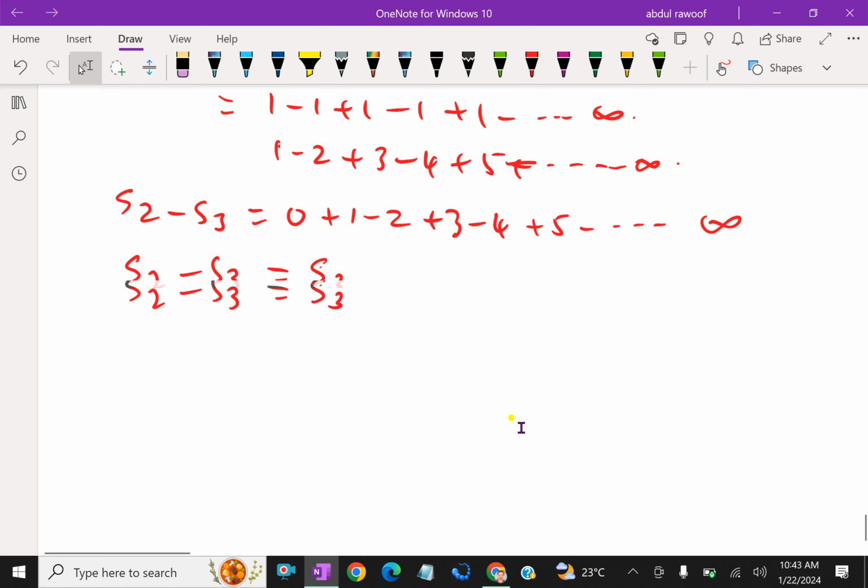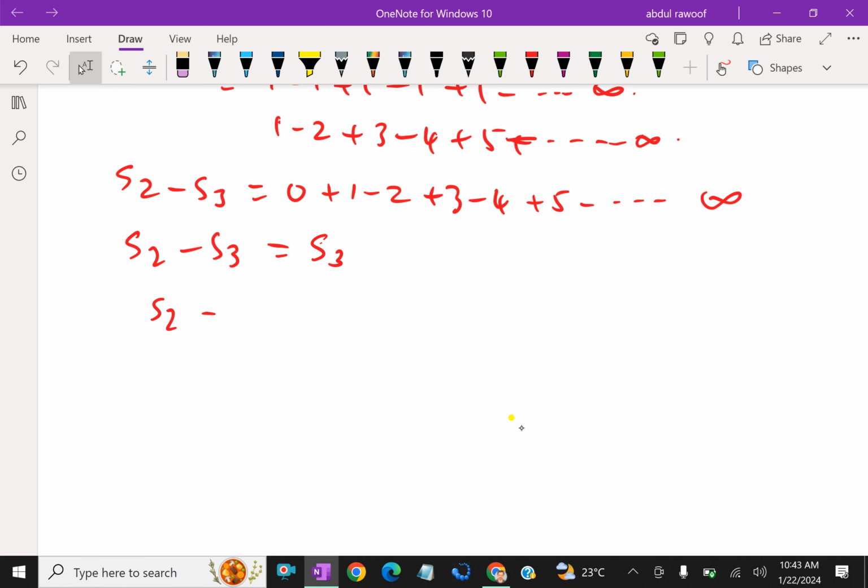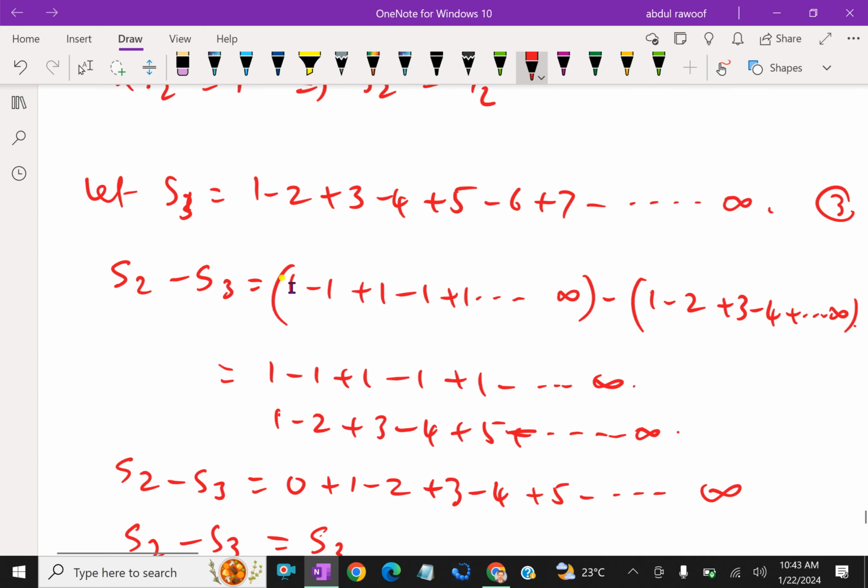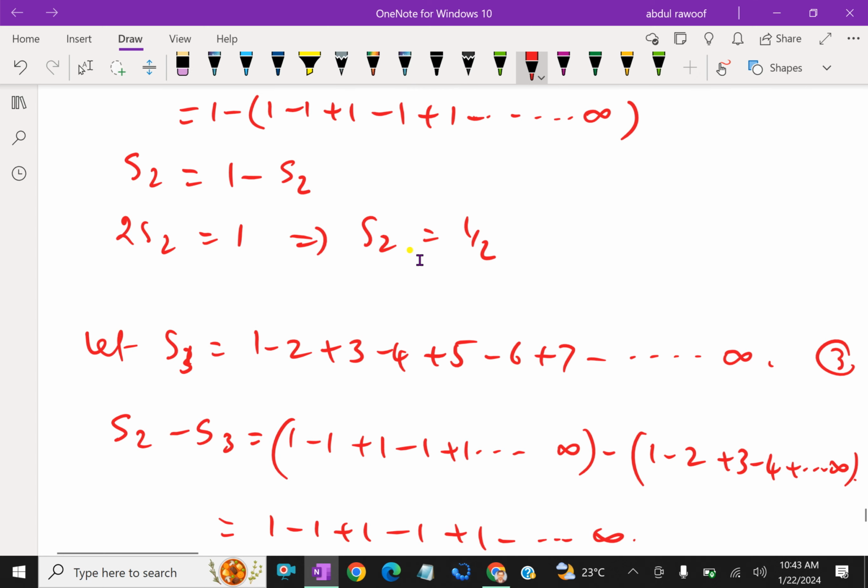Now collecting S3 on one side, S2 equals 2 S3, which gives S3 equal to S2 by 2. And already we have S2 equal to half.